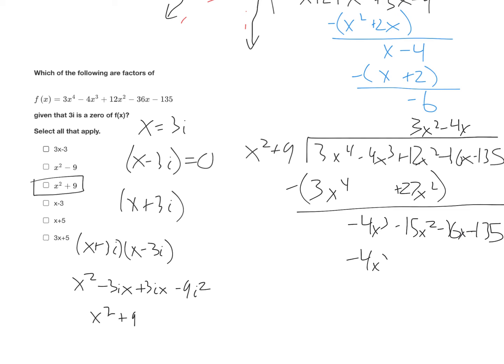Negative 4x. Multiply that by the 9. That should be negative 36x. Ooh, I like that already. Subtract. Both of those things are canceling out. Negative 15x squared minus 135. No like terms to combine those with. And I need to multiply this by negative 15.